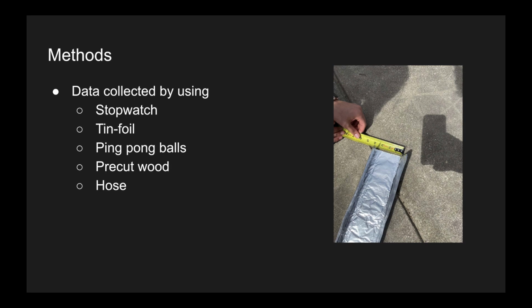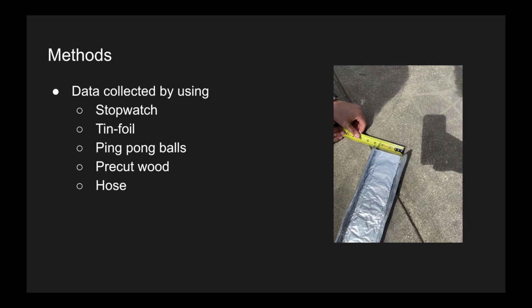This is what the canals looked like. That was the 4 inch one. The way we collected our data was, we had a phone for a stopwatch to do the time. We had tinfoil, which you can see, which was our canal. We had ping pong balls that floated down the canal. That was the object that we were timing to see how fast they would go through, which canal discharged the ping pong balls the fastest.